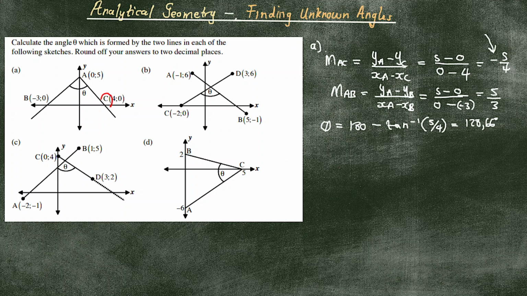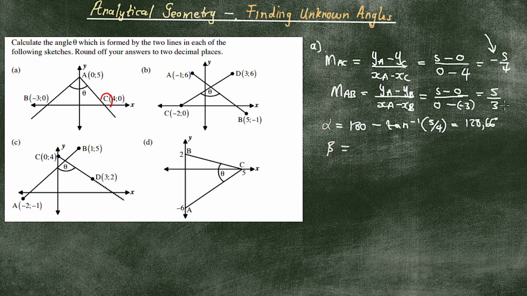So we just calculated that angle of inclination. Now, let's calculate the angle of inclination for line AB. Maybe it was a better idea to say theta, however we want to calculate with theta, so here I'm going to say alpha is the angle of inclination for line AC. For line AB, let's call it beta.